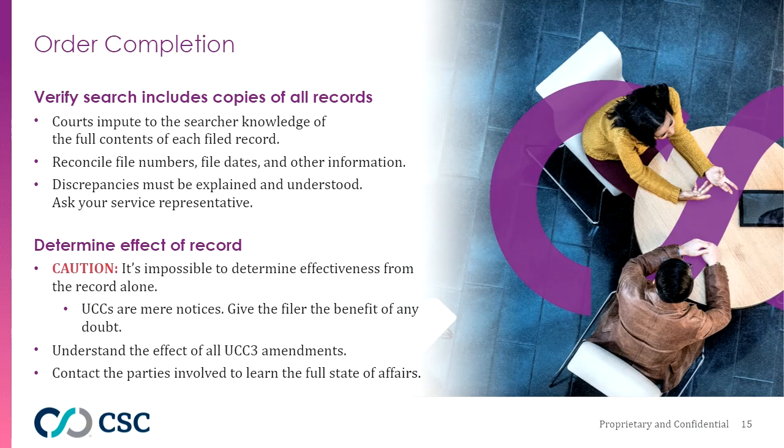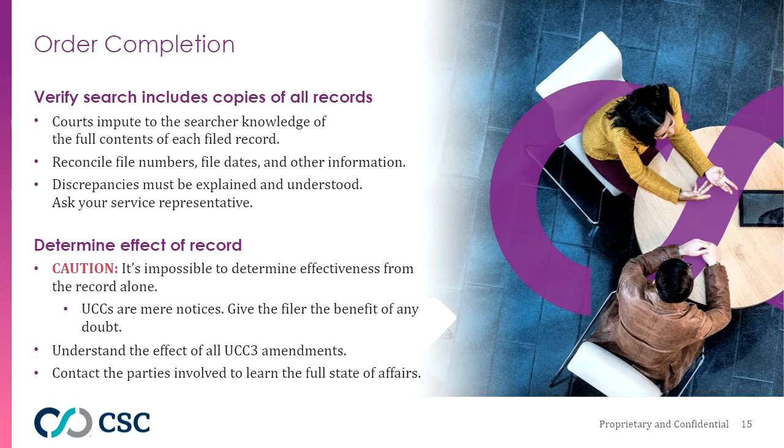And a lot of our customers will use these search results in the years ahead to copy and paste file numbers to file, for example, UCC-3 continuations. And you just want to make sure that the data is factually correct. So please review. And if there are any discrepancies, you reach out to CSC, your service representative.